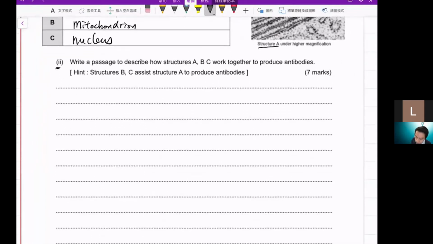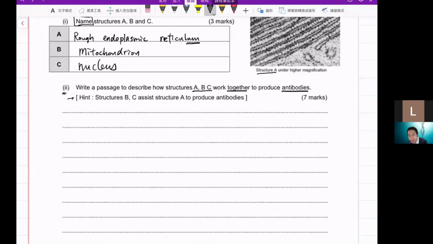It asks you how structure A, B, and C work together to produce antibodies. And the hint is antibody is a protein. To answer this question, there are 2 main concepts.